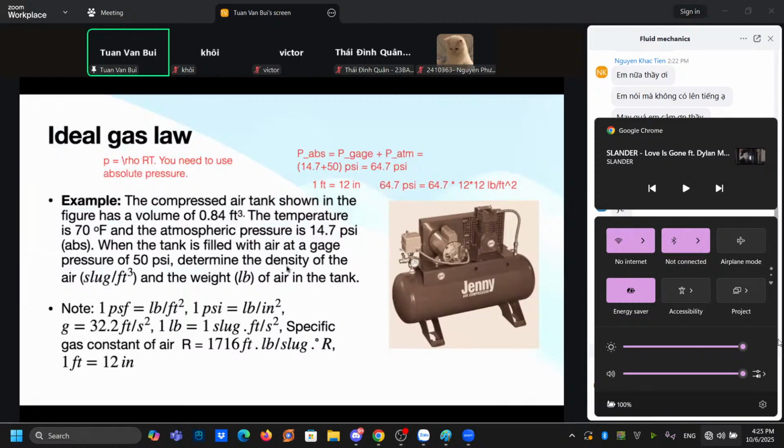Then for the temperature, we have T equals 70 degrees Fahrenheit. To get degree Rankine, add 459.67. So you can put it here, plus 459.67.